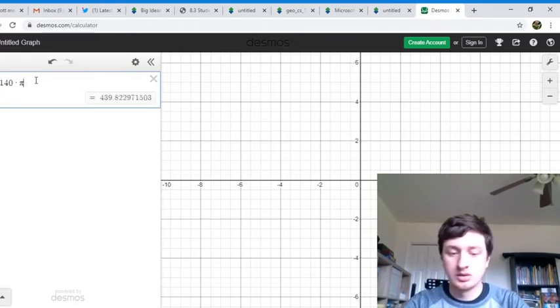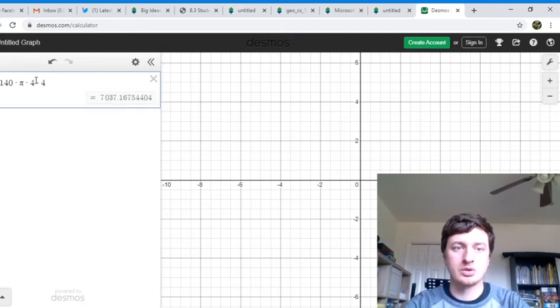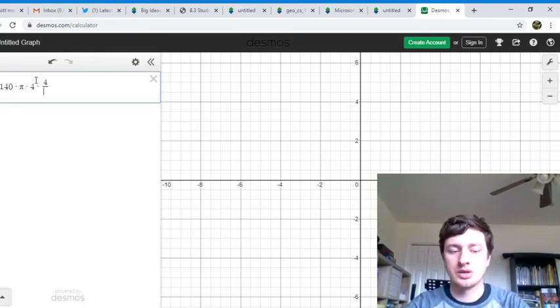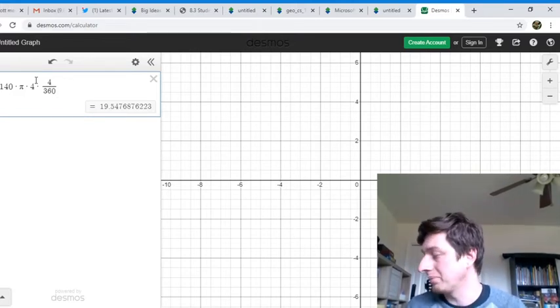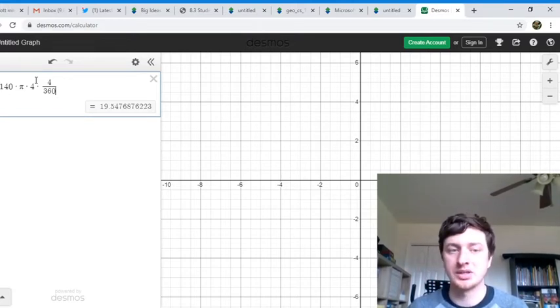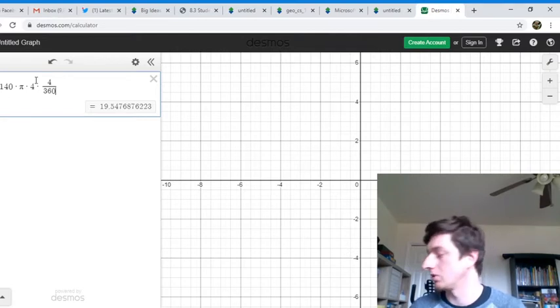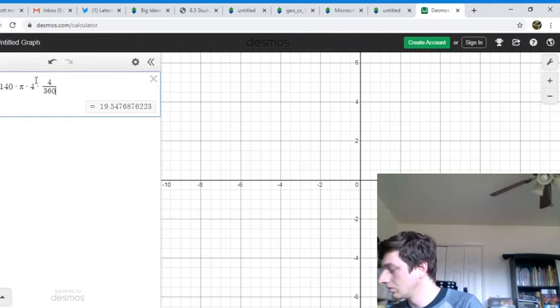And pi times 4 times 4, that's 4 squared, and then we're dividing that by 360. The area of that piece of the circle is 19.54 centimeters squared.